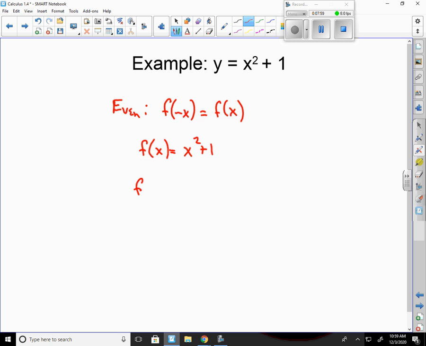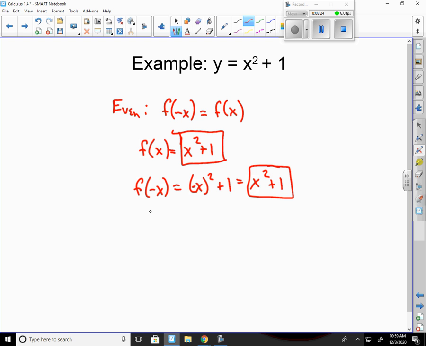F of negative x, plugging a negative x in everywhere we have an x. Now if I solve this, a negative x squared is the same as an x squared. And so this is equal to our original equation.